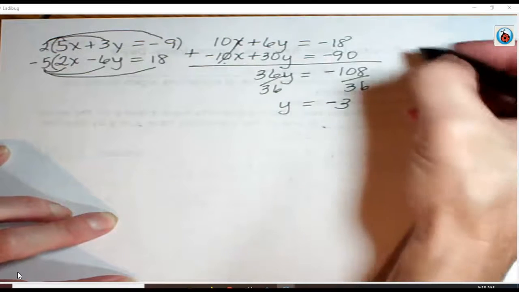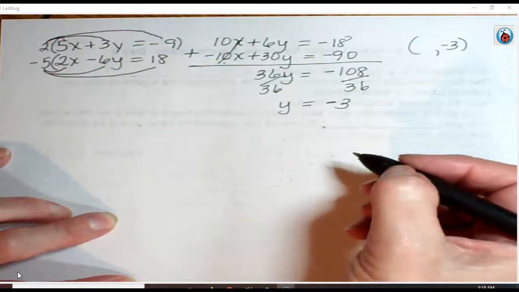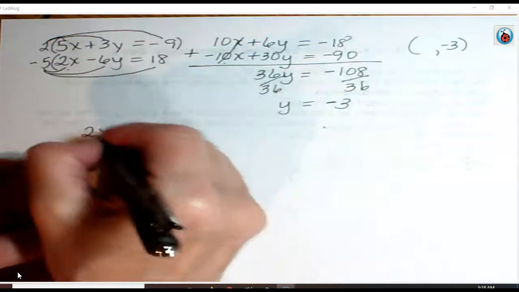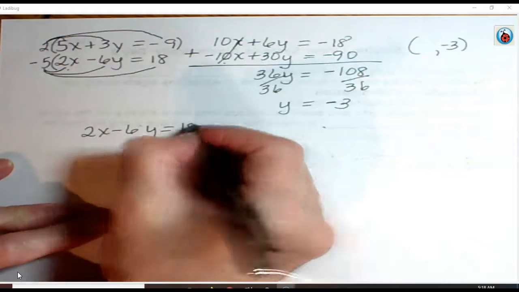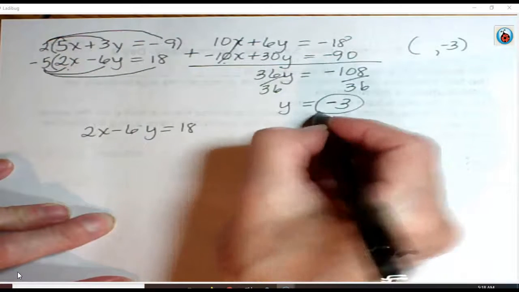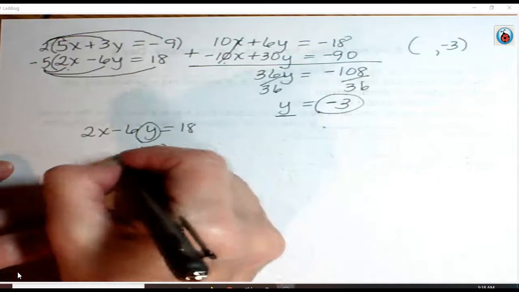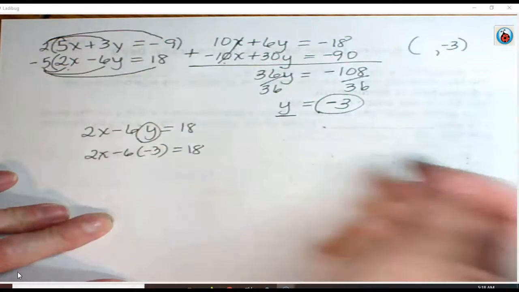Okay, so I'm halfway done. I'm going to put my y over here in the negative 3 spot. Then I'm going to take this bottom equation because it looks a little simpler, even though it's got a negative 6 in it. I'm going to take this negative 3 and I'm going to replace the y. Okay, now I'm going to multiply.